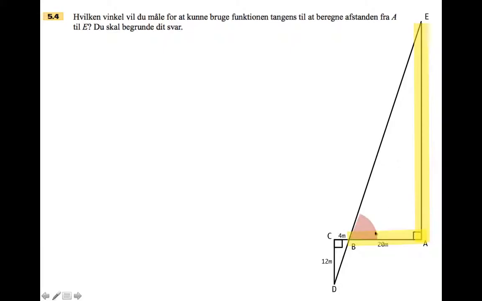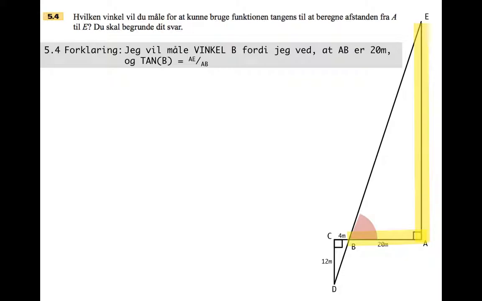So if we use this angle here at B, then the thing we're trying to find out will be the opposite, and the 20 will be the adjacent. So to use tan, it should be that red angle there at B. So I've written, I would measure angle B because I know that AB is 20, and tan of B equals AE over AB.